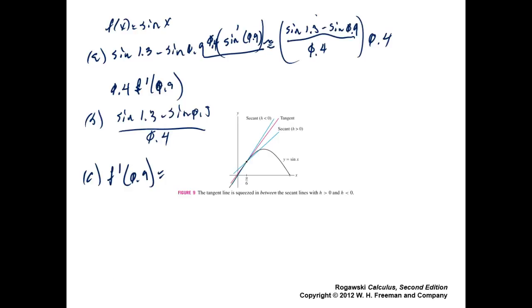Whereas the difference quotient gives you the slope of the secant line, what does the first derivative give you at a certain point? The slope of the tangent line at x equal 0.9. That better be what they have, the slope of the tangent line at x equal 0.9. Very good. All right, got those done.